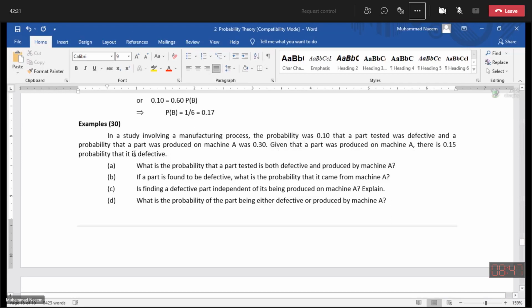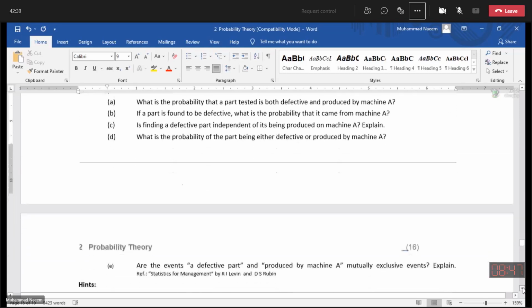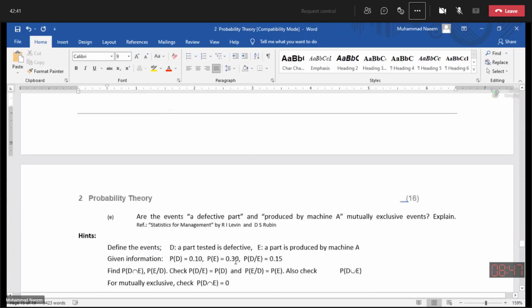And then we have this probability that the part is defective. So this probability is the conditional probability of D depending upon E. That's why this conditional probability is given.